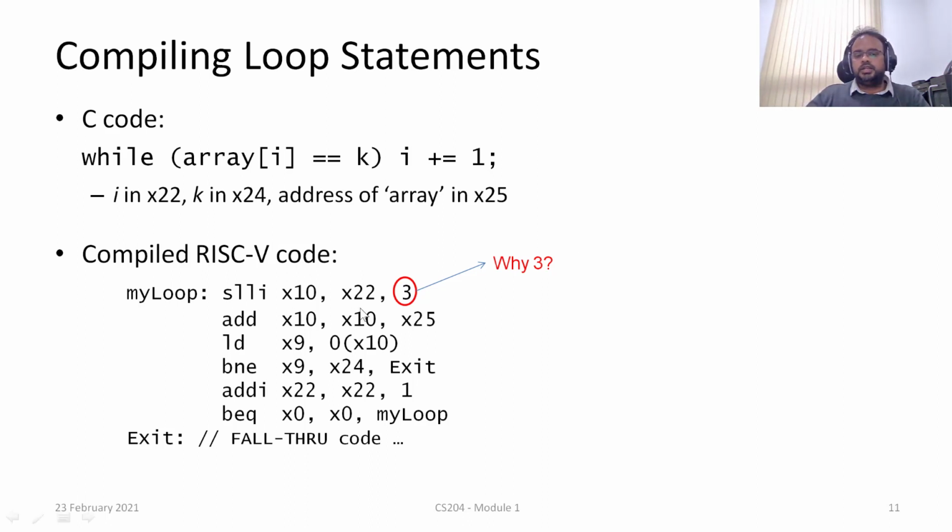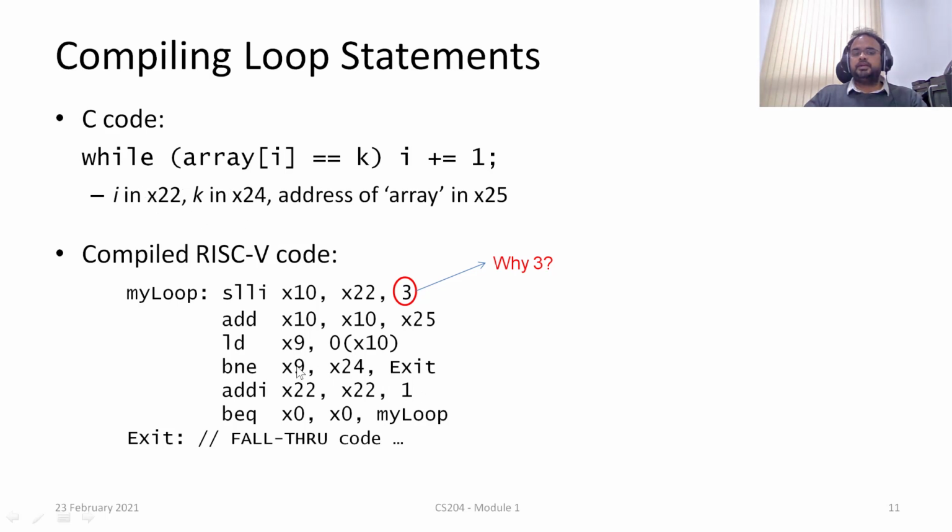So the offset is generated here, and that is added to the base register x25. Now in x10 we have the address of array of I. Using that address, we use the load double instruction to put the data in x9, and we compare it with x24, which is the value of k.